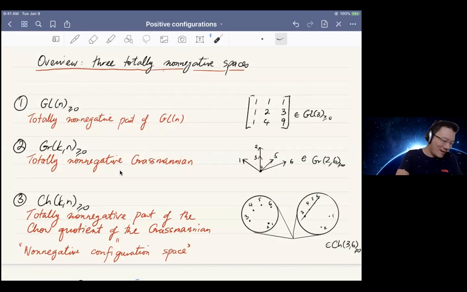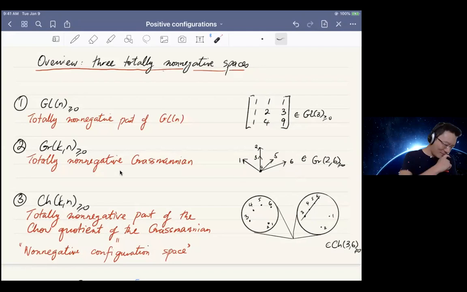In the first case, the positivity condition is that this determinant is positive, and in this vector configuration case, the positivity condition is that the vectors are ordered from left to right. So I put them all on the same side of a hyperplane, and they go from left to right: 1, 2, 3, 4, 5, 6. So the vectors are labeled.